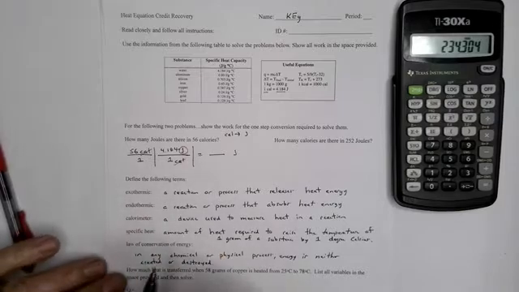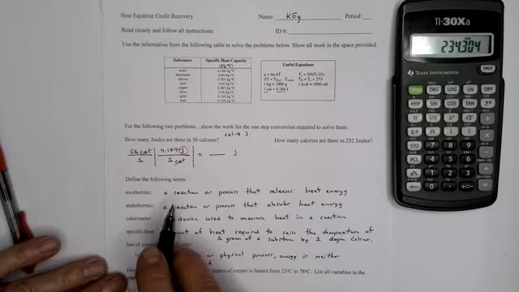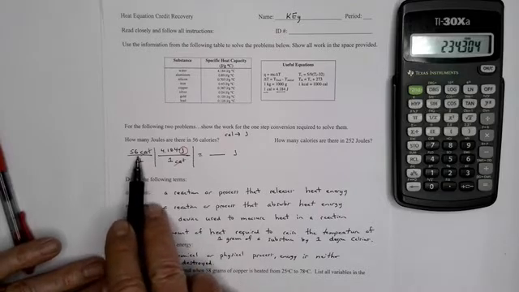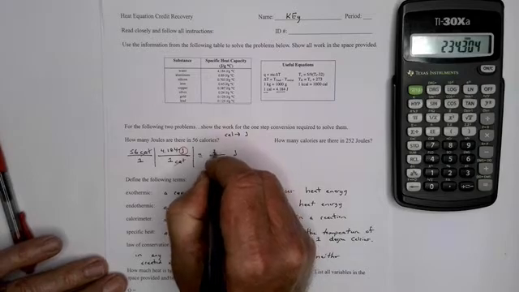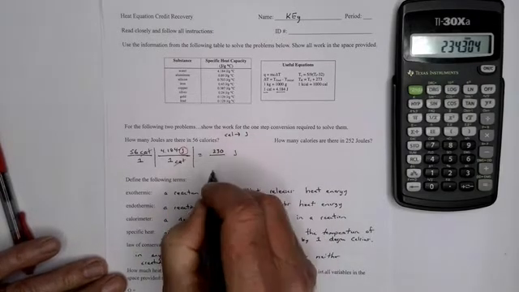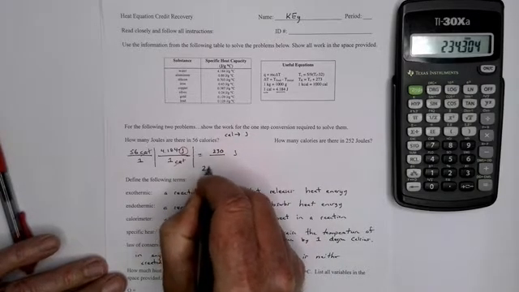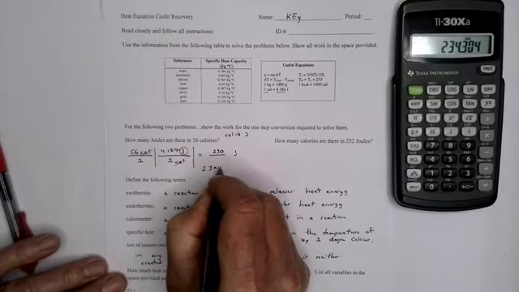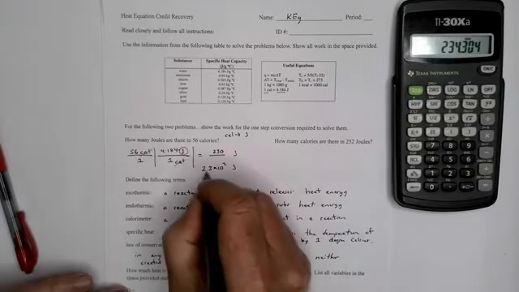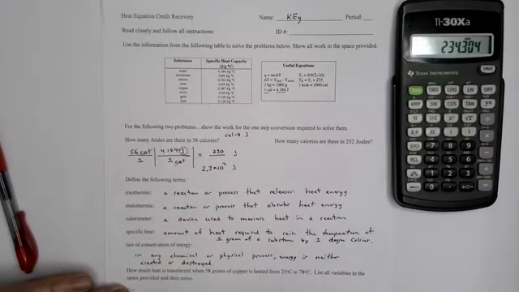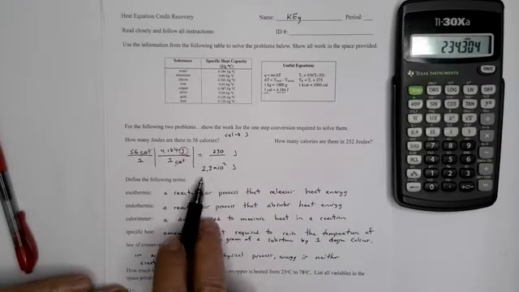If we wanted to go letter of the law with scientific notation and significant digits, we have two significant figures in 56, so we need 2 in this number here. So we're going to say 230 joules. In scientific notation, that would be 2.3 times 10 to the second joules. Remember, in scientific notation, our first number always has to be between 1 and 10.